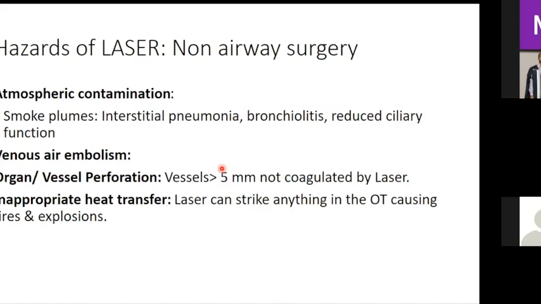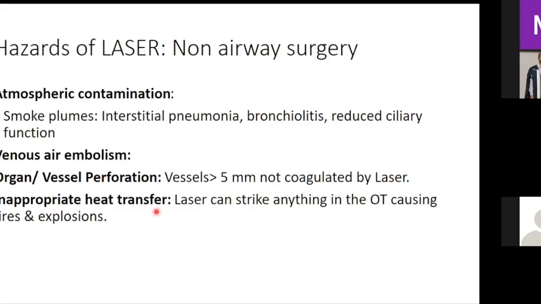So now, when you're using laser, what are these hazards? They are broadly divided into airway related and non-airway related. The non-airway related are further classified into atmospheric contamination, venous embolism, organ or vessel perforation, and inappropriate heat transfer.